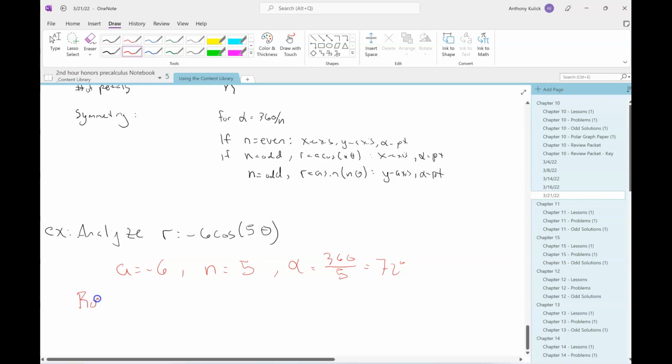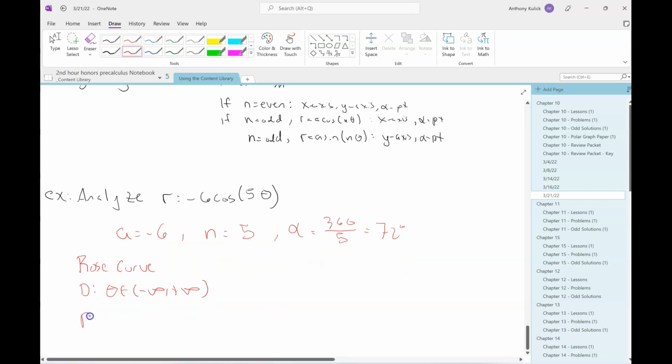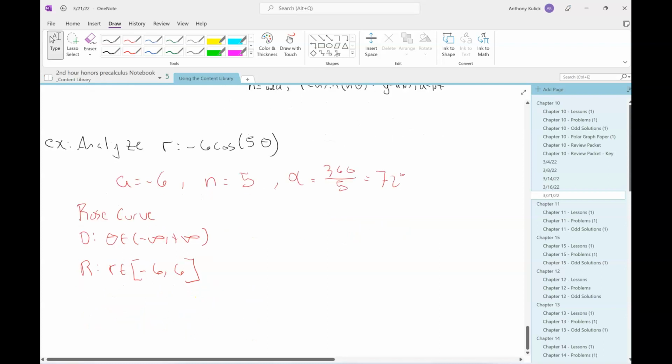So what I have is a rose curve. The domain is always all real numbers for a rose curve. The range is negative the absolute value of a to the absolute value of a. The maximum value for this is 6, and the minimum is negative 6.